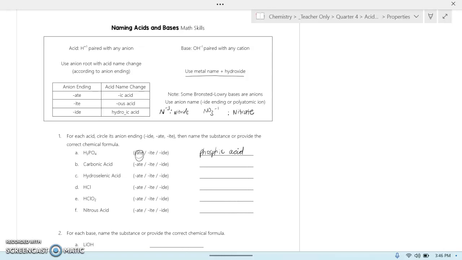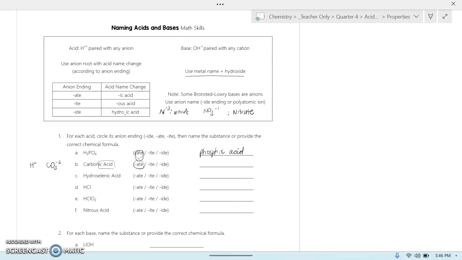The next one, we have the name. So carbonic acid, if we see ic acid, that's telling us, hey, use carbonate. So every acid has H as the cation, and we just said this is carbonate. Again, look at your list if you need to. Refresh your memory. Carbonate is CO3 -2.